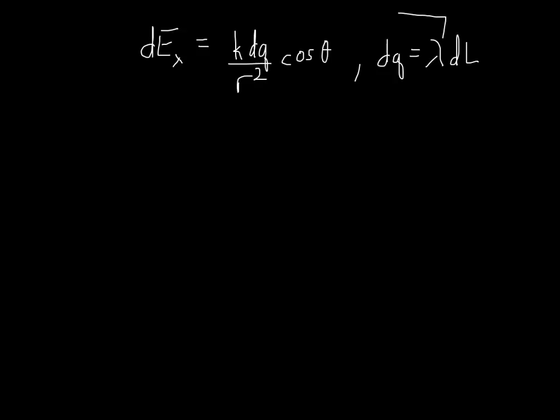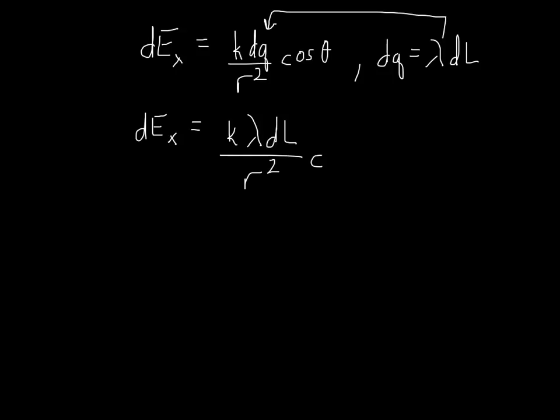So I can plug this in for my dq. dE in the x direction is k times lambda times dl divided by r squared times cosine of theta. Going between these two steps, all I did was plug in for dq. Look closely and you'll see that that's the only thing that happened.